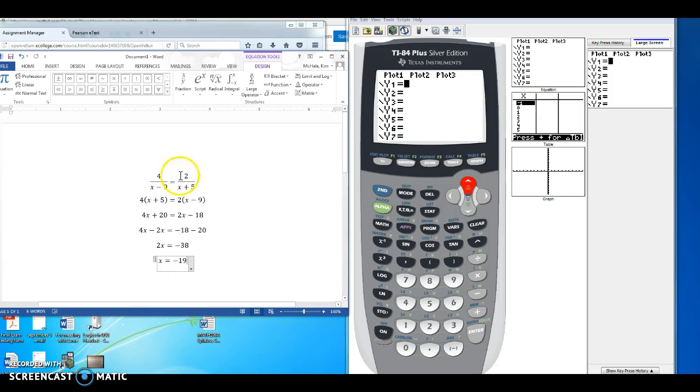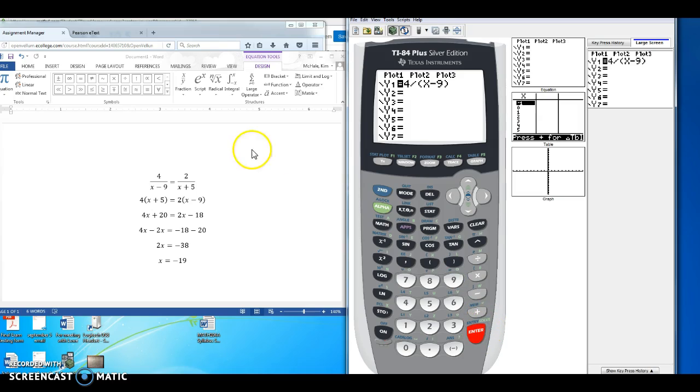In order to verify this solution on the graphing calculator, I'm going to enter each side of the equation as a separate y equals, and I'm going to plug negative 19 in and make sure that they're equal at that point. So my first one will be 4 divided by, I need to be careful when I type that denominator. It needs to know the entire x minus 9 is the denominator, so I'll have to use a grouping symbol or parentheses, and I'll get x minus 9 in parentheses.